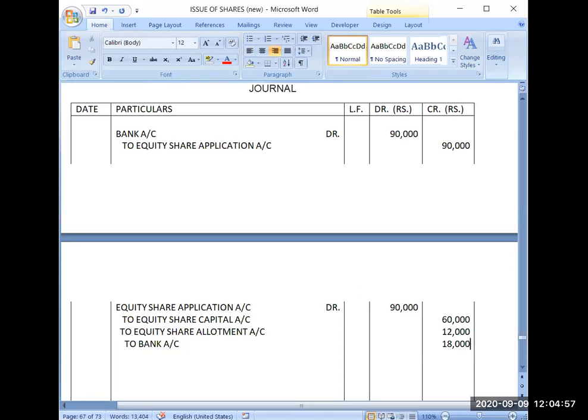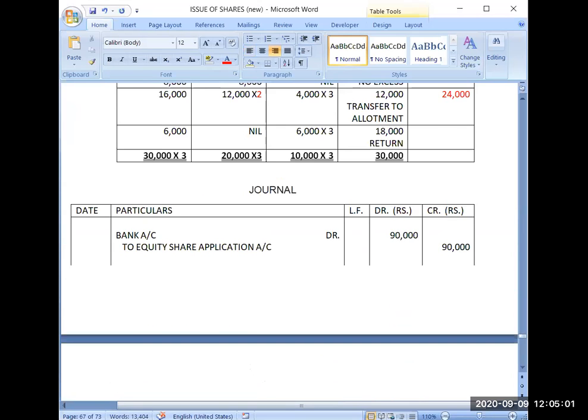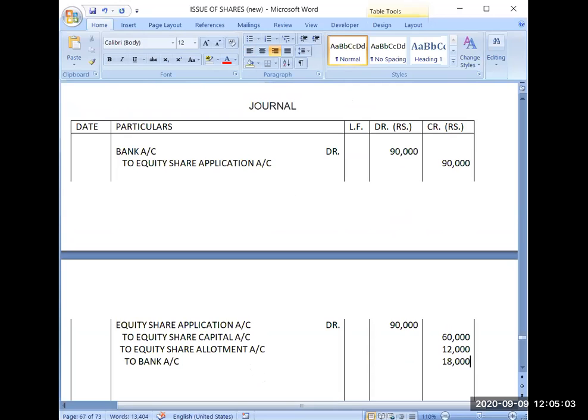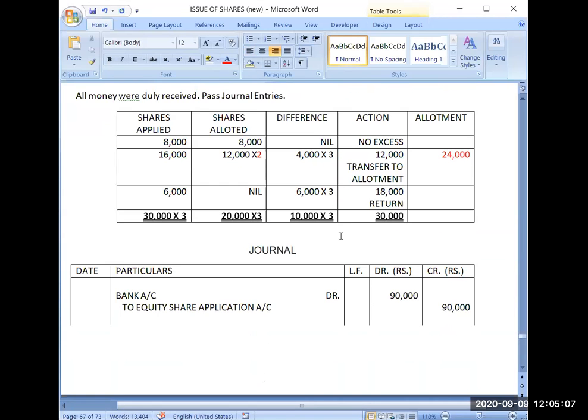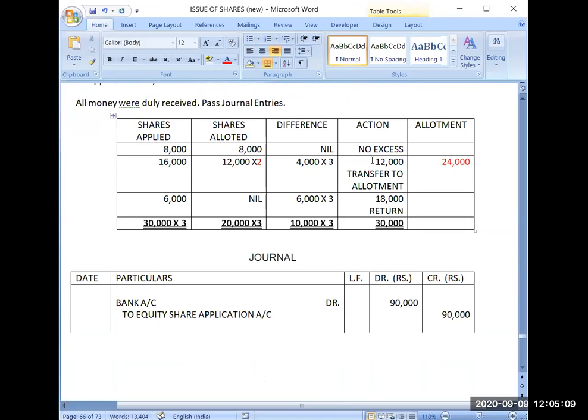Yes, please. Now till here, if you have any confusion, you can tell me. So I have transferred this 12,000 to the share allotment account. I have transferred this 18,000 through the bank account. I have refunded that. So this all has been settled.